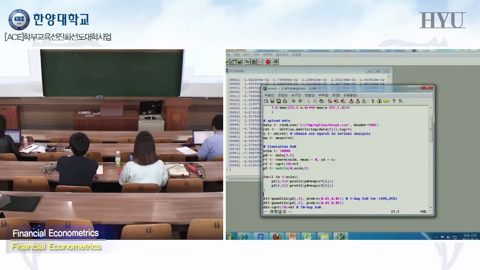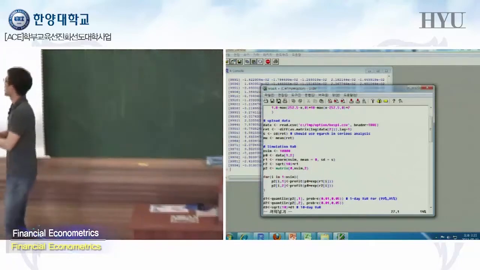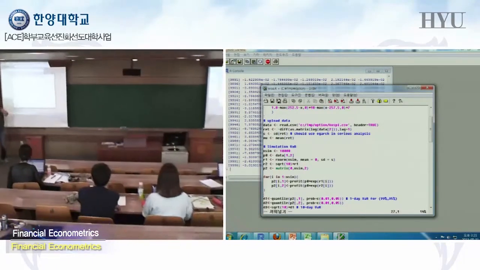So basically I'm simulating the profit. My P2 looks like this. Originally it is 0, 0, 0, 0, and I fill this with the 1 day profit and the 10 day profit. What I did is, if I multiply P0 and exponential of R1, then it is my KOSPI 200 value 1 day later.